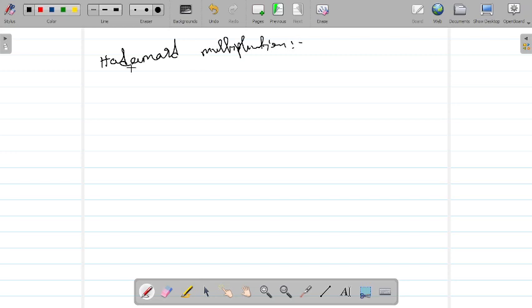So this is Hadamard multiplication. If you take two matrices of the same size, let's say A is a matrix of size m by n, whereas B is a matrix of size m by n. Now this product is defined this way.